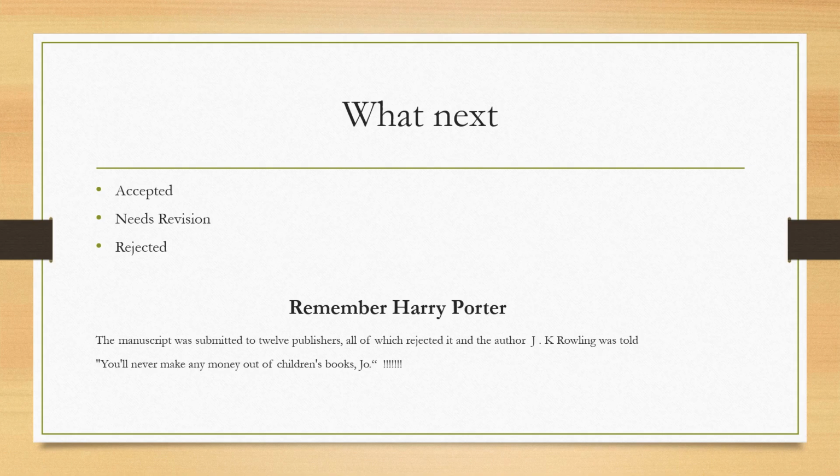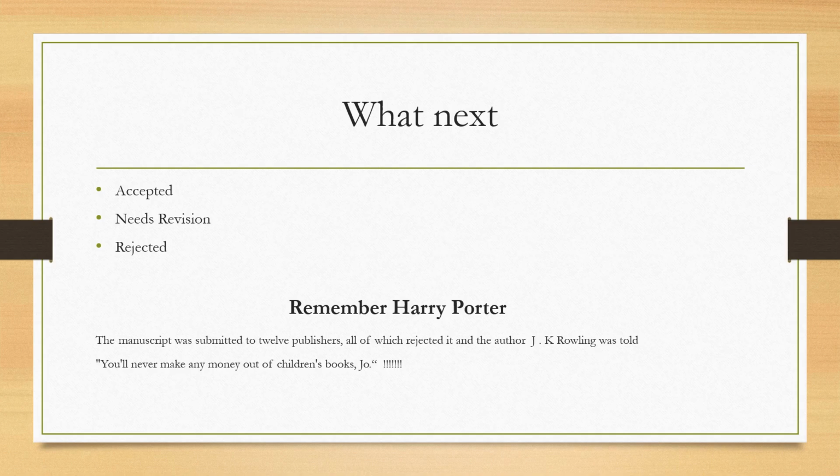And if it happens often, then remember Harry Potter. For people who do not know, J.K. Rowling, when she finished her manuscript, gave it to 12 publishers, and all of them rejected it back to back.